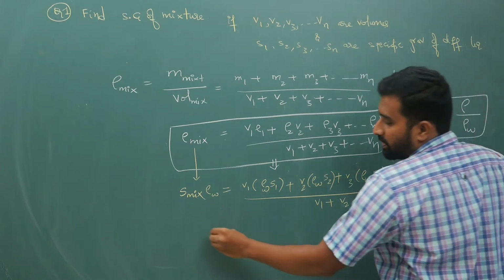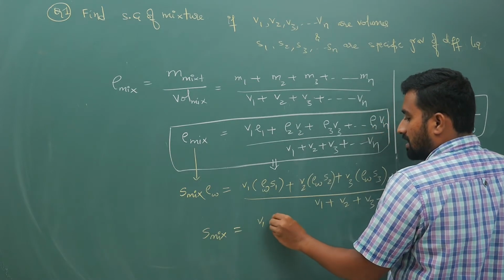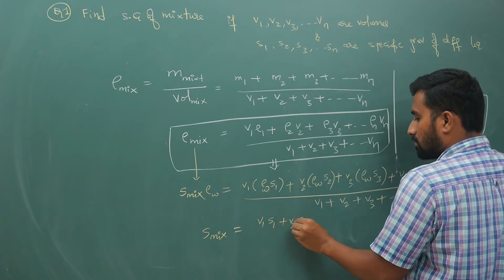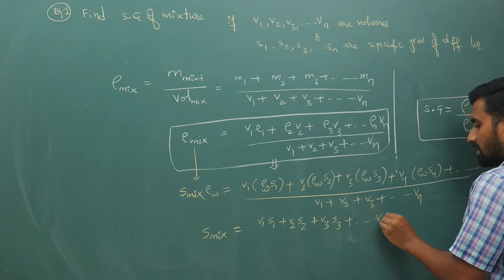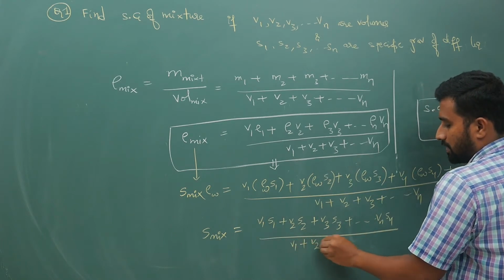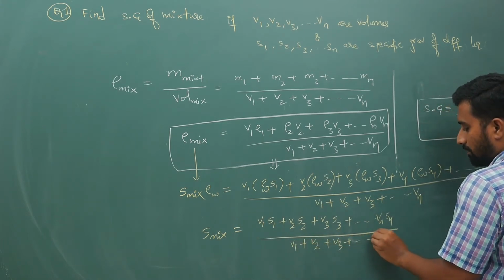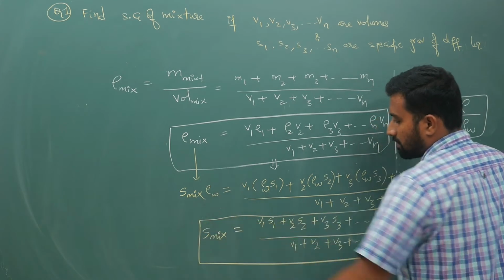So your specific gravity of mixture is V1 S1 plus V2 S2 plus V3 S3 and so on up to Vn Sn, divided by V1 plus V2 plus V3 and so on up to Vn. So that is your specific gravity of mixture.